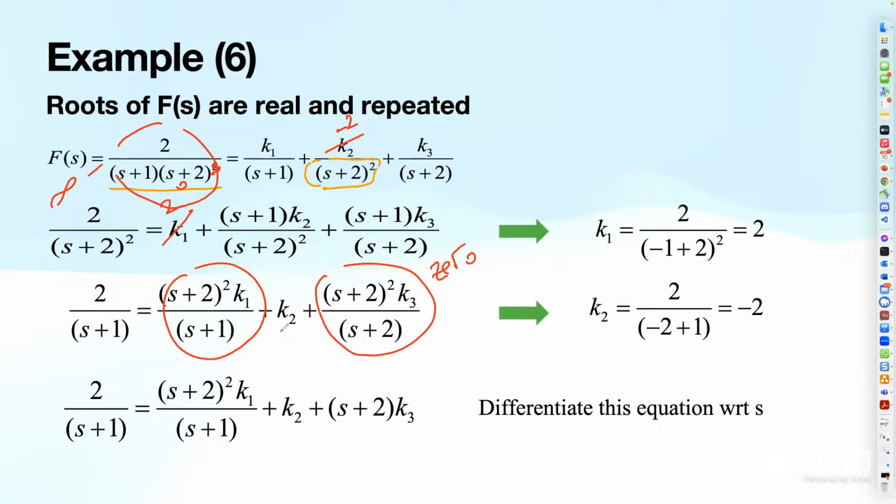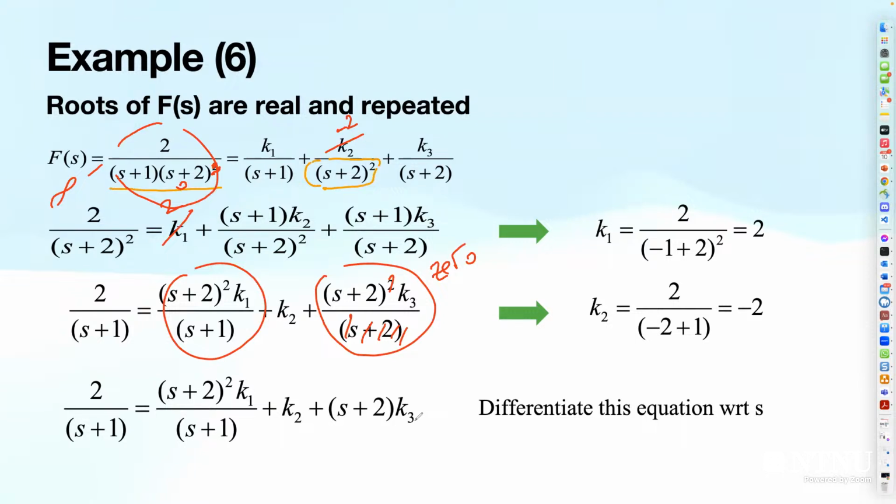But to solve for k3, you need to differentiate that part with respect to s. Just to simplify, it will be 2 divided by s plus 1, equals (s plus 2) squared divided by s plus 1 multiplied by k1, plus k2, plus this one will cancel this one, so it will be (s plus 2) multiplied by k3. Take the first derivative of this equation with respect to s.